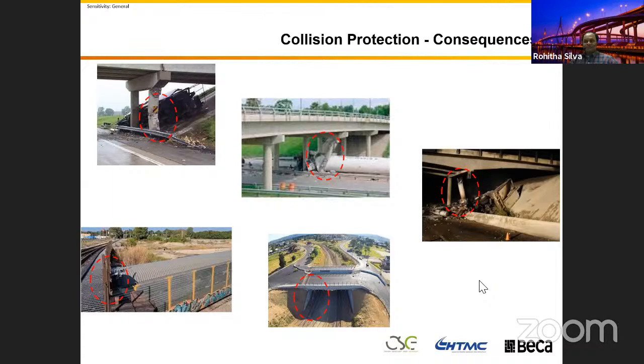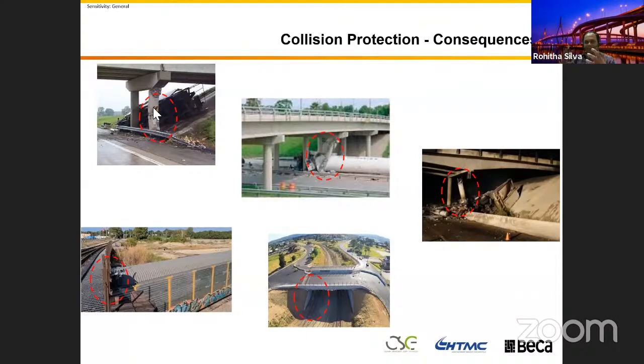Another thing I just want to make sure of, you need to remember that if someone drives in here, hits this pier and a person dies, in terms of liabilities and insurance, sometimes if you go to court, they will say, my client died because you haven't designed it. If he had hit the barrier, he wouldn't have died.